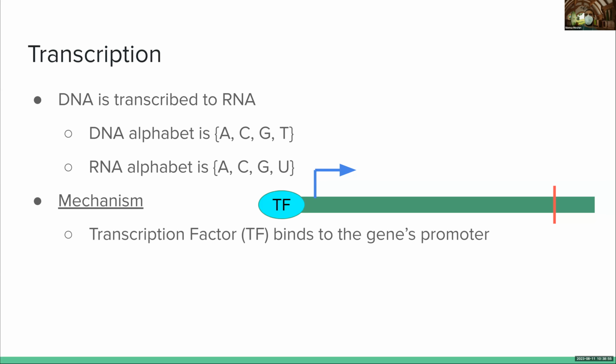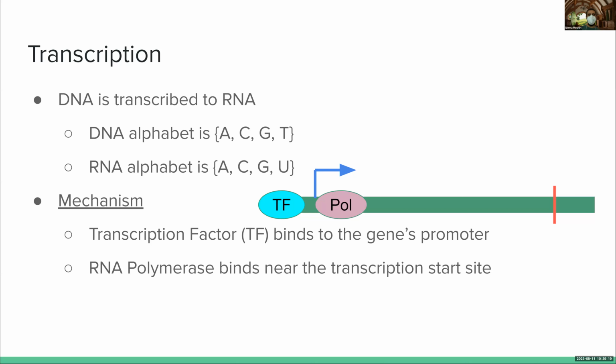We have these proteins called transcription factors that are just floating around in the cell, and they stick to that promoter region, the section just before the transcription start site. And then there's another protein called RNA polymerase that is also floating around in the cell.